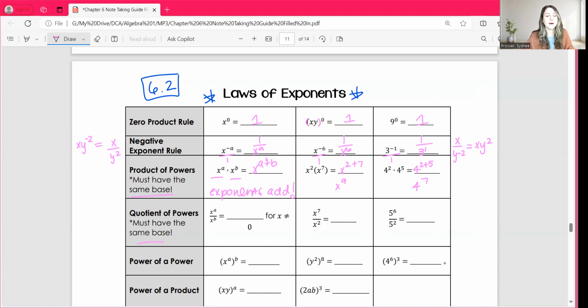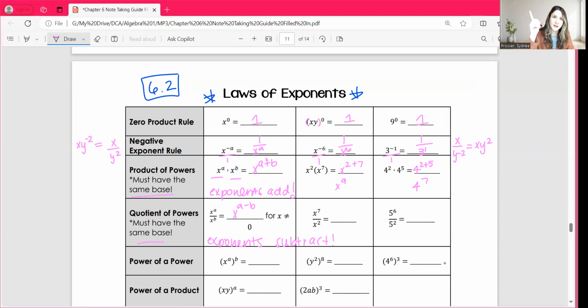You can think about it the same way for quotient of powers. When you're dividing variables, exponents subtract. So x to the a divided by x to the b equals x to the a minus b, as long as x does not equal 0.